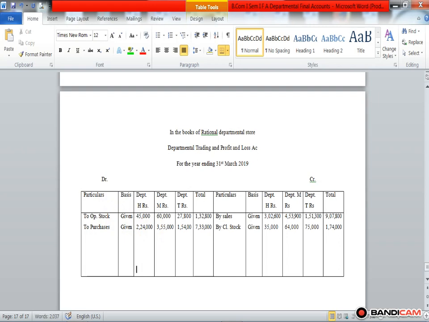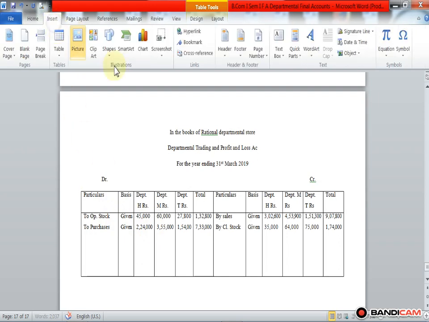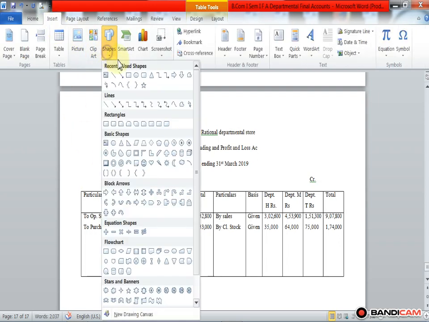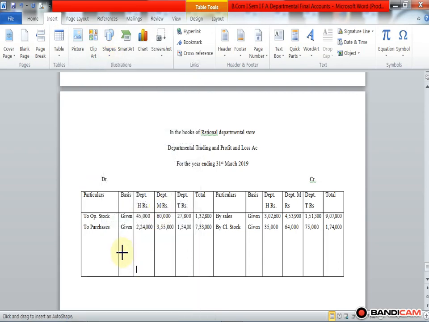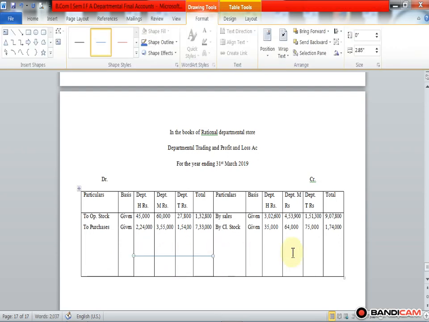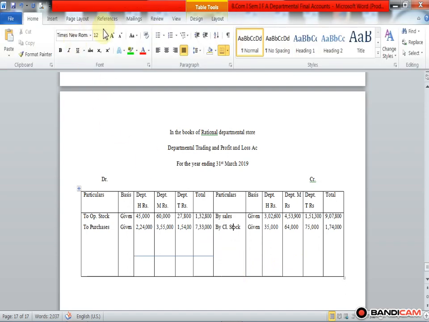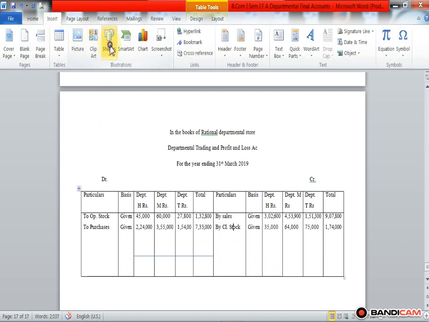So here, then insert another column for total.